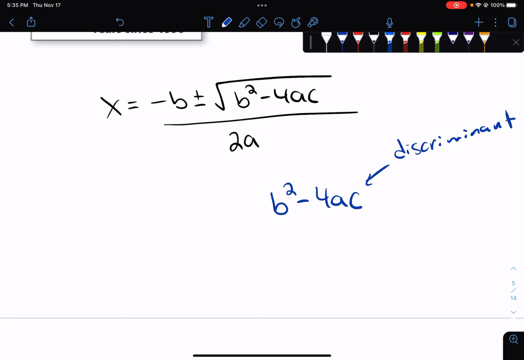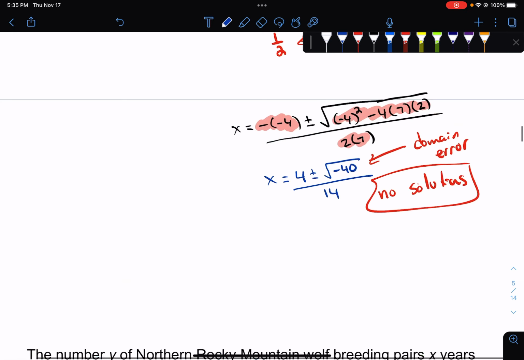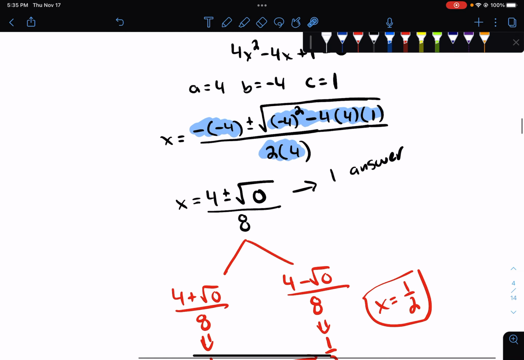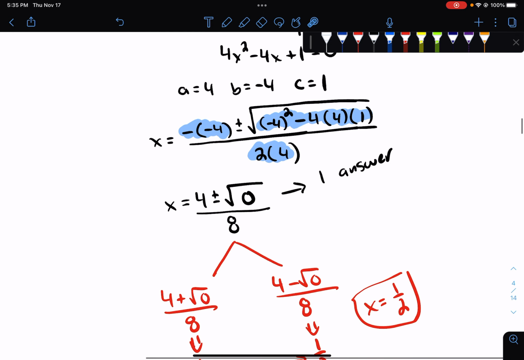Depending on what kind of number b squared minus 4ac comes out to be, it's going to change how many solutions I get. And we already did that. In the last example, that b squared minus 4ac came out to be a negative number, which meant I had no solutions. In the example before that, b squared minus 4ac came out to be 0, and that gave me 1 answer.